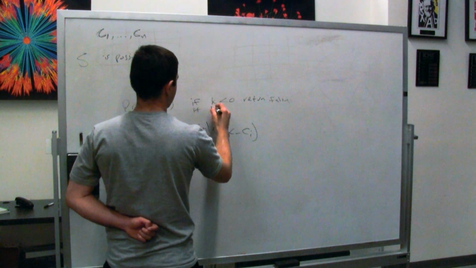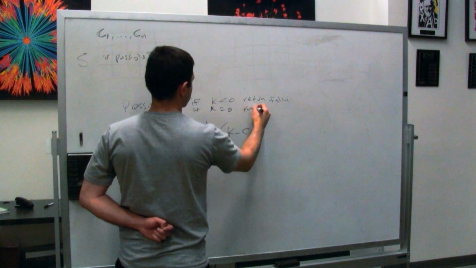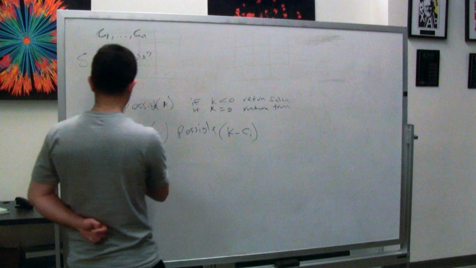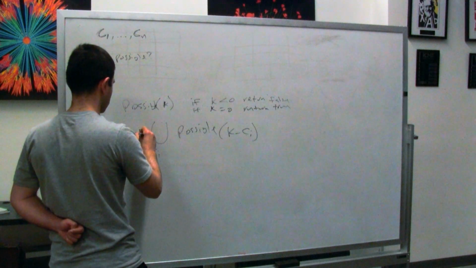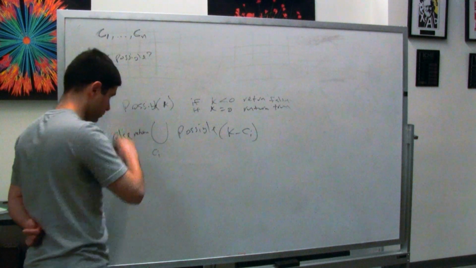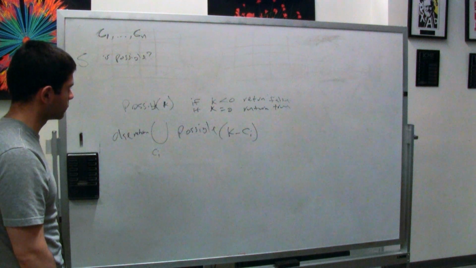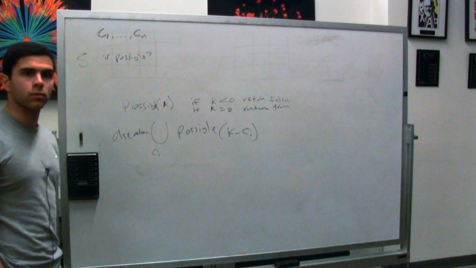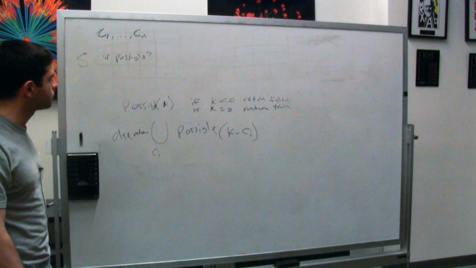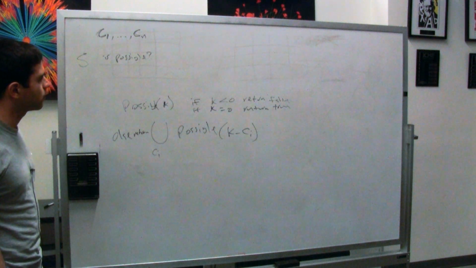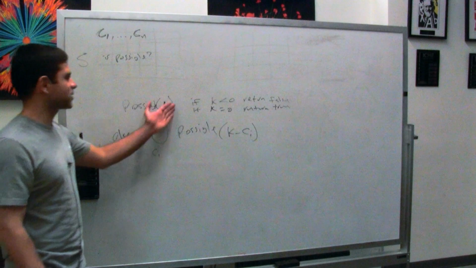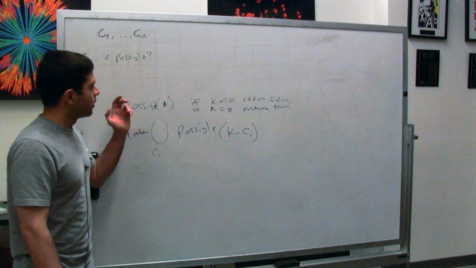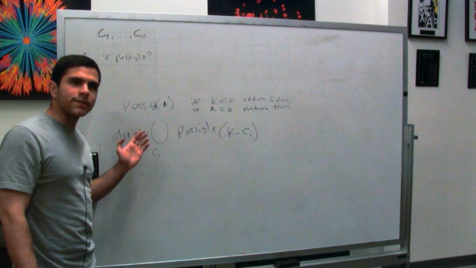If K is equal to 0, return true. Else do this. It's always possible to make zero sum. You just take 0 coins. It's never possible to make negative sums.